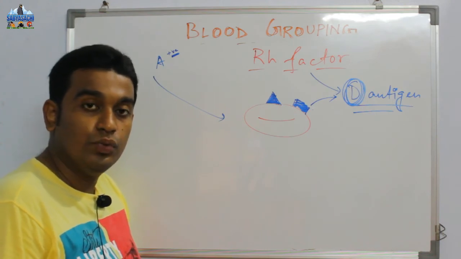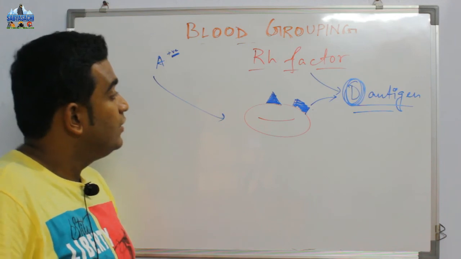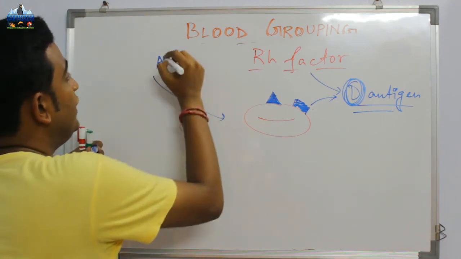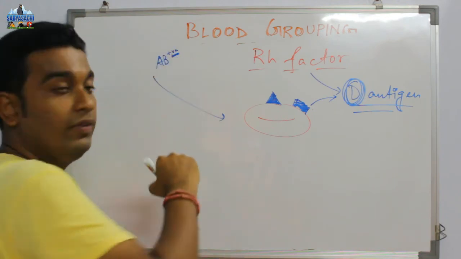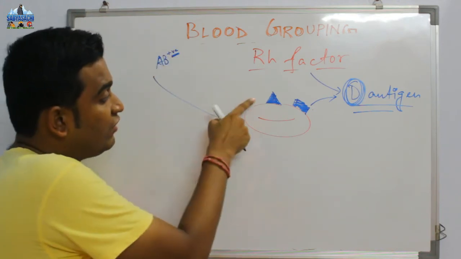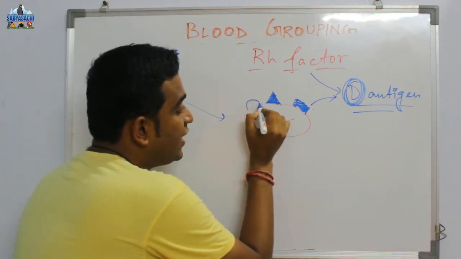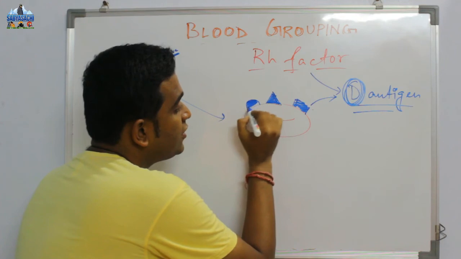I hope that makes sense to you, right? Now let's take one more example. Suppose this is now AB positive. So you have given A antigen, right? Let's give one more antigen, that is B. So this is your B antigen.